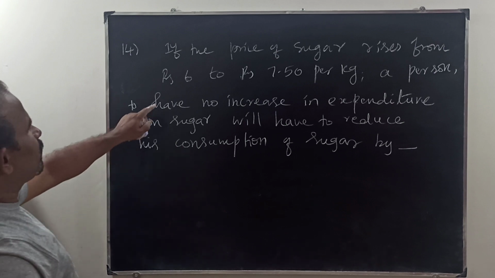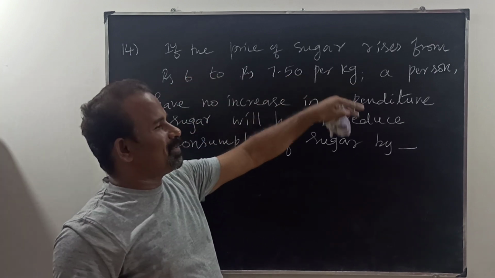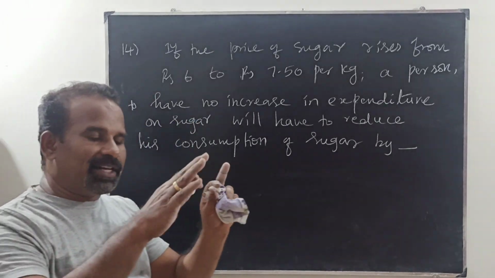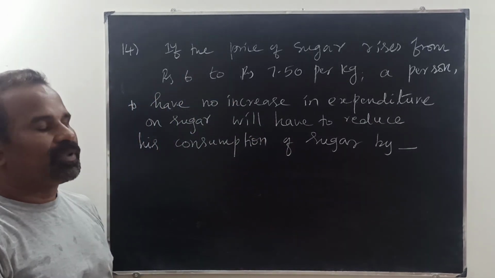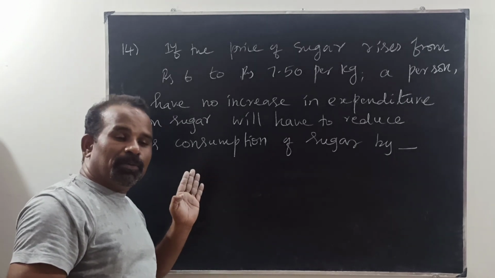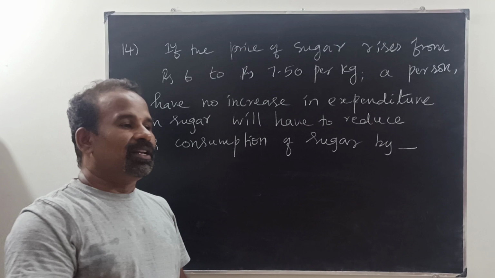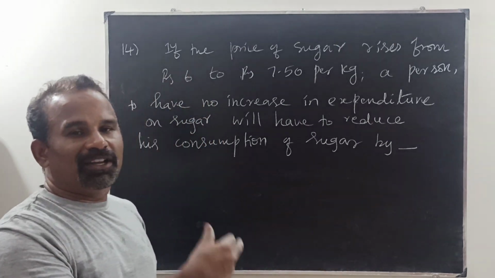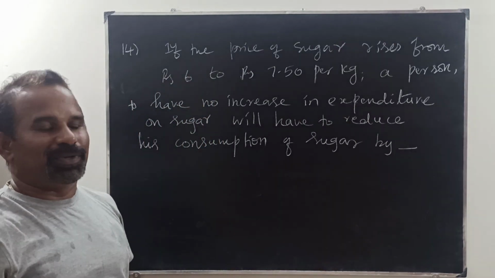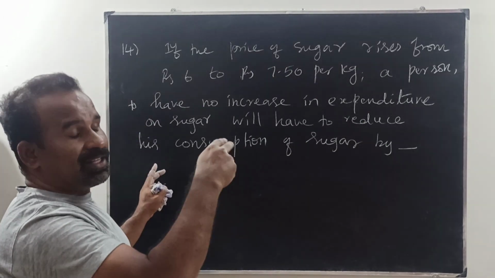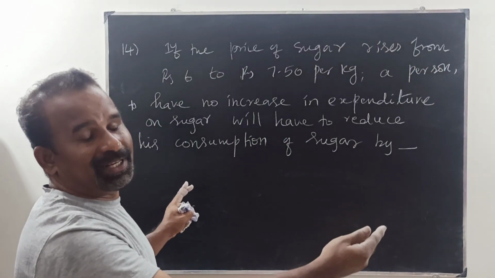So therefore, the price increases. The expenditure is fixed, as I already said. When the price of the commodity increases, then consumption automatically will decrease. How much percentage? If A is increased by a certain percentage, then B is decreased by what percentage?